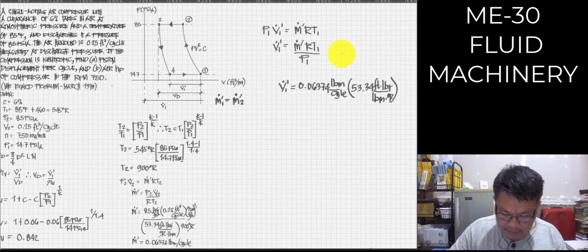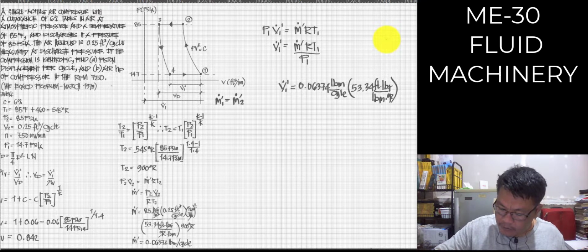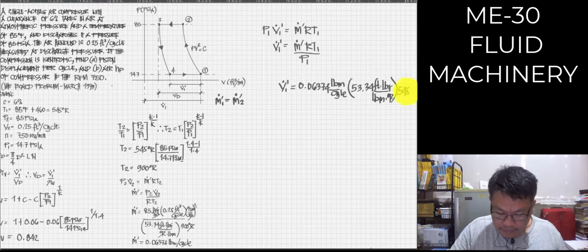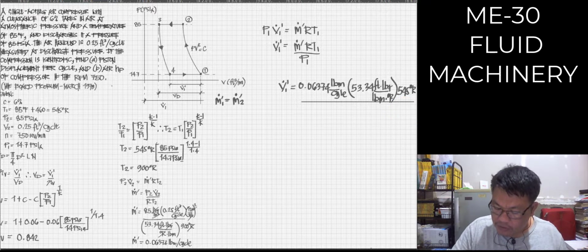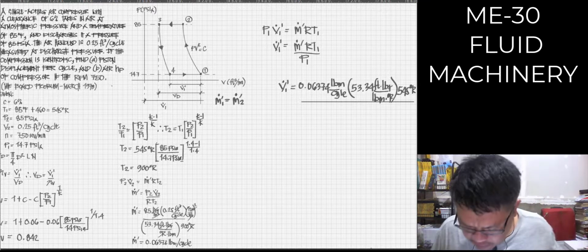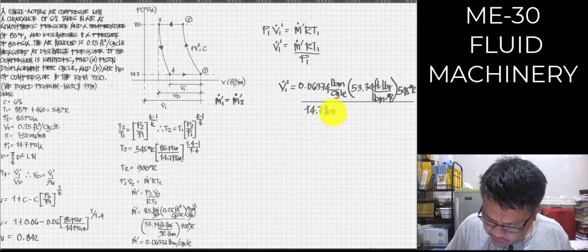Our T1 is 545, sorry, 545 degrees Rankine. Then this is all divided by your P1, which is 14.7 pound force per square inch.